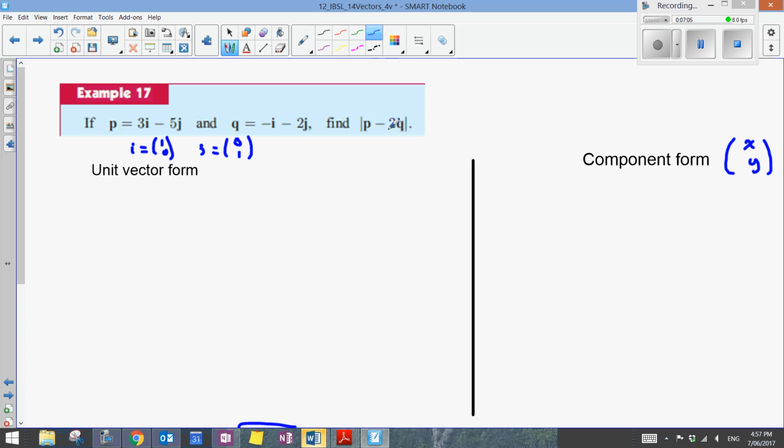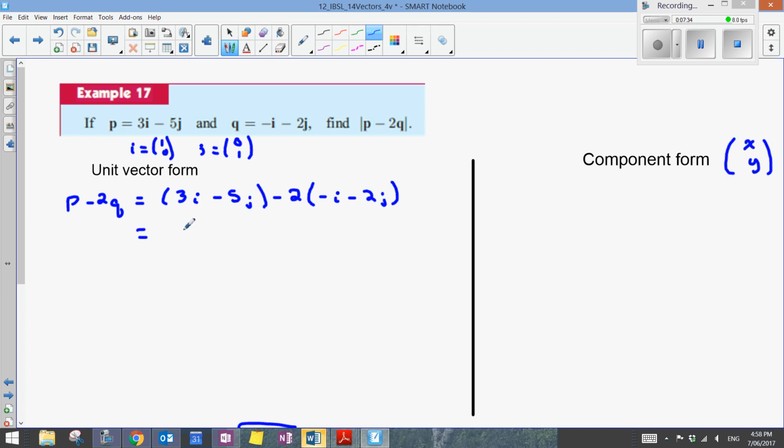We're being asked to find the magnitude of vector p minus 2q, so whatever that resultant vector looks like, we are going to find the magnitude of it. Let's first do it in unit vector form. So let's find what p minus 2q is. In unit vector form, we have vector p, which is 3i minus 5j, minus 2 times vector q, which is -i minus 2j.